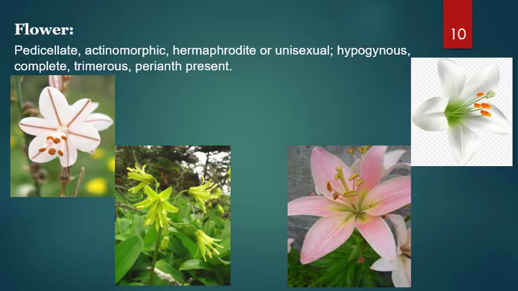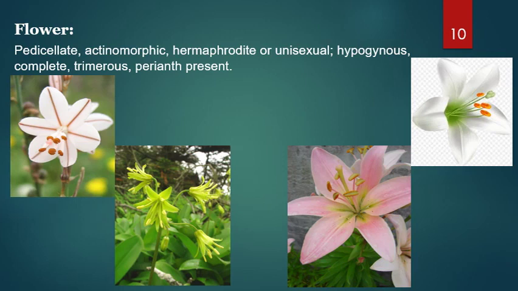Now we discuss the features of flower in Liliaceae family. The flower possesses pedicel, so flowers are pedicellate. The symmetry of flower is actinomorphic. It means that the flower can be cut into 2 equal halves by more than one plane.